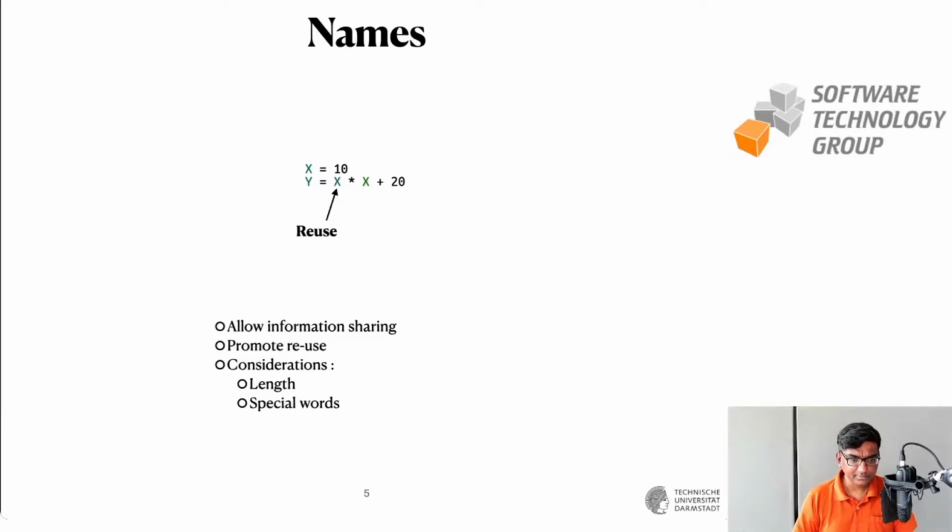So by allowing information sharing, they also enable a reuse of data and memory locations. In general, most names allowed in programming languages are combinations of letters, digits, and symbols, but we still need some considerations, like what is the impact of the allowed length of the names in a particular language, and what is the impact of special words. We will look at these in the next slides.